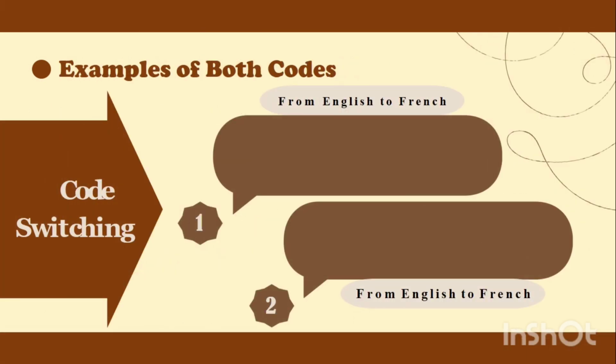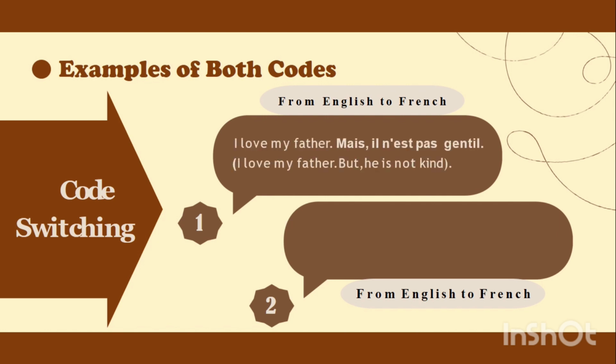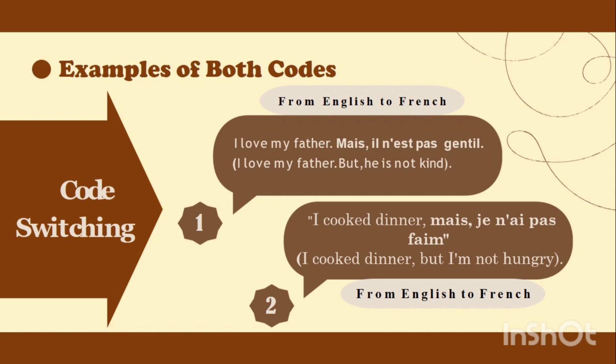Examples of both codes. We start with code switching. From English to French. I love my father, mais il n'est pas gentil. I love my father, but he's not kind. Second, from English to French.